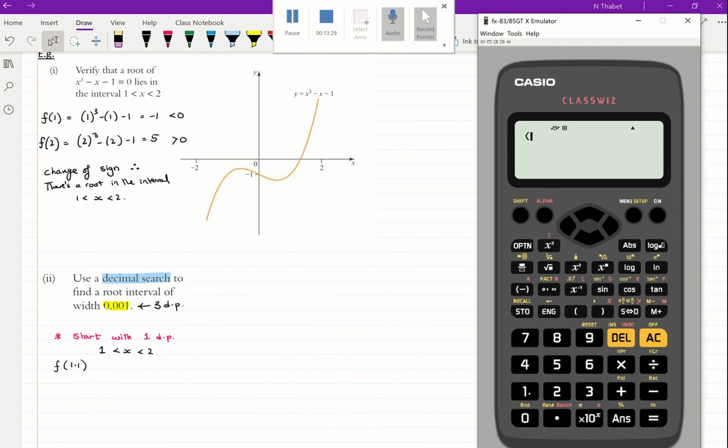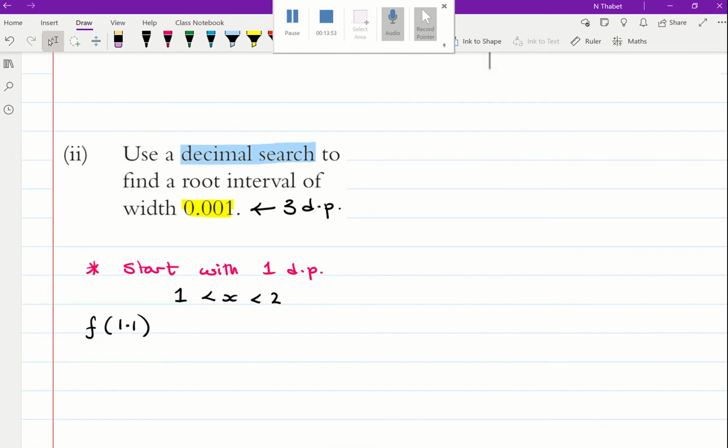So I'm going to put 1.1 cubed minus 1.1 minus 1, and I find the answer. To be honest, it doesn't matter whether you round it, minus 0.8 is fine, because what I'm interested in is whether it's bigger than or smaller than 0. I'm interested in the sign. So negative 0.8 is smaller than 0.